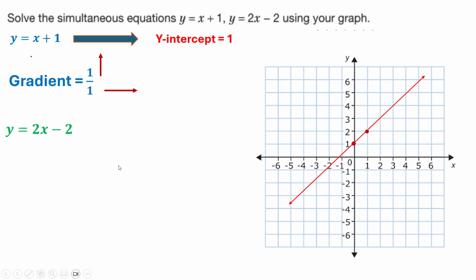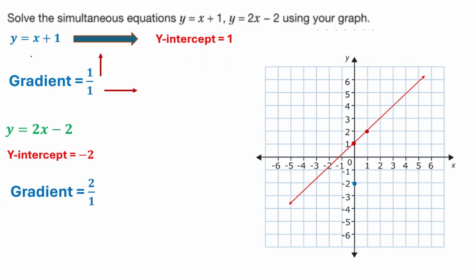The same way for the second equation, y equals 2x minus 2, I will get the y-intercept, which is negative 2. So the first point that you plot on the y-axis is negative 2. And then I will get my gradient as well. The gradient is 2, but I have to write it as a fraction to use the rise over the run strategy.